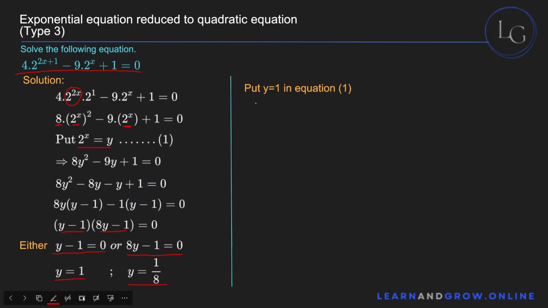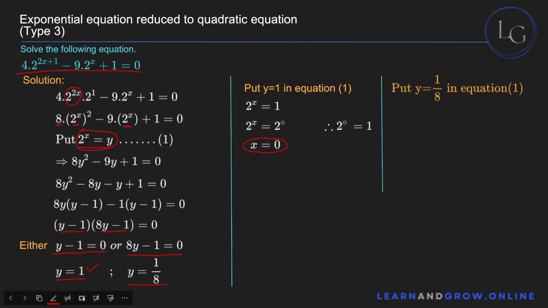Now, put this y is equal to 1 in this equation 1. So 2 raised to the power x is equal to 1. And now this becomes 2 raised to the power x is equal to 2 raised to the power 0. So x is equal to 0.